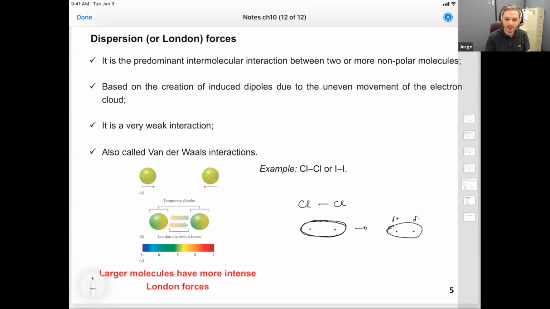So that creates instant polarization of the molecule, and that will allow this molecule to interact with another molecule where the opposite is happening.